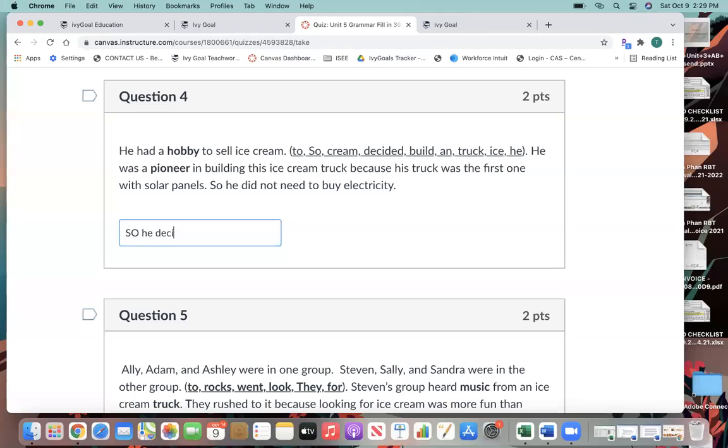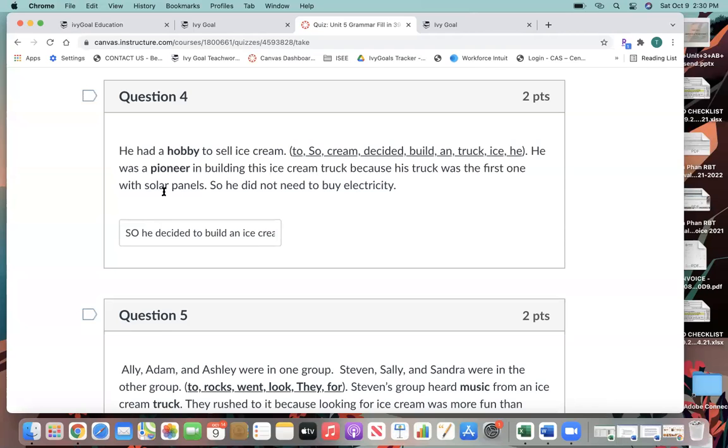He decided to build an ice cream truck. All right, what's a hobby though? Something he likes to do. Yeah, for fun, right? Not like a job. It's something you do on the side, right? Like you probably like to play tennis on the side for fun, right?